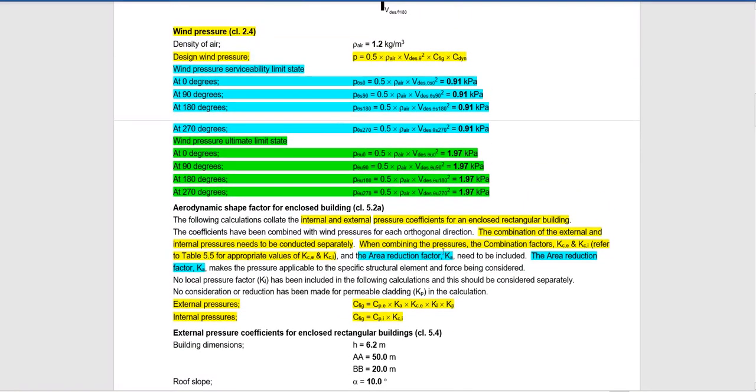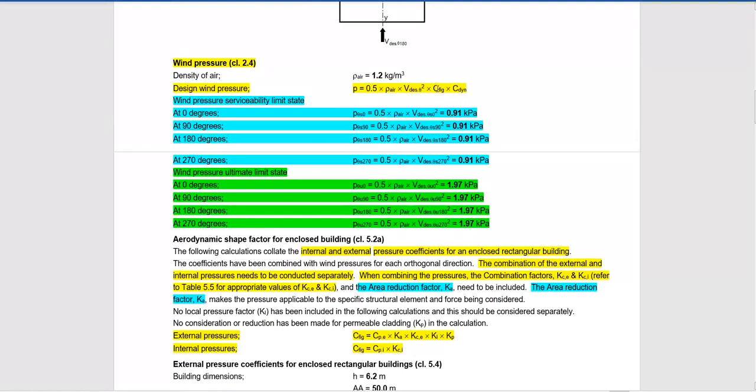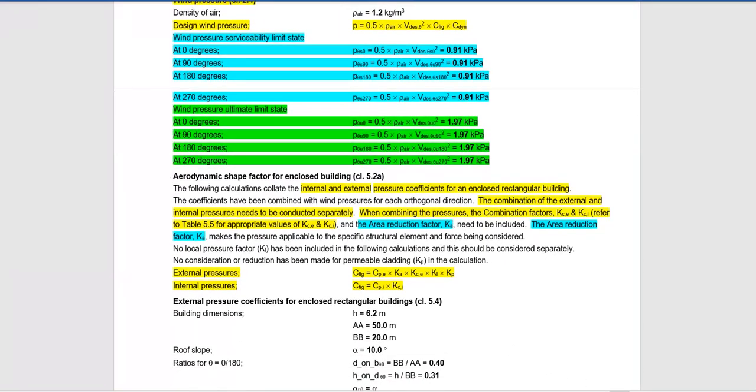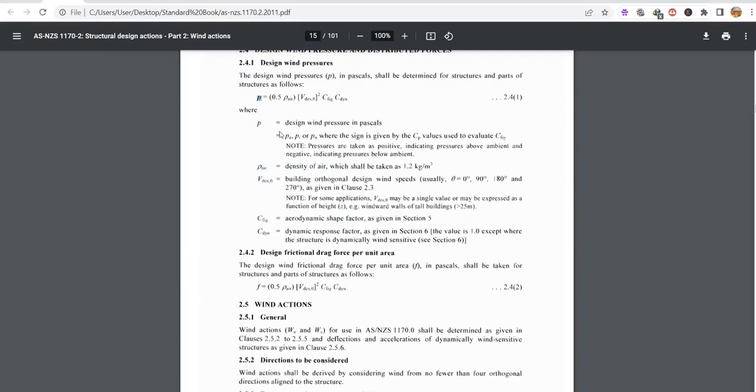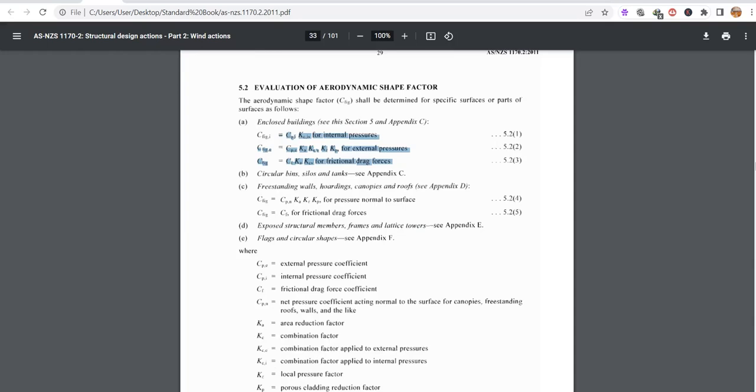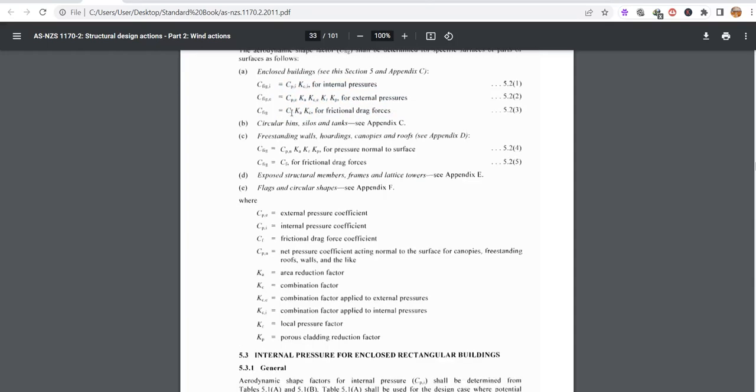So, moving on, the next thing that we need is our Cfic. To get our Cfic, go to section 5. Remember the clause says go to section 5 of the same book, where we are going to get our external pressure and internal pressure.